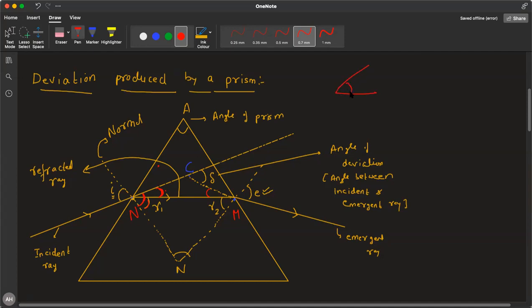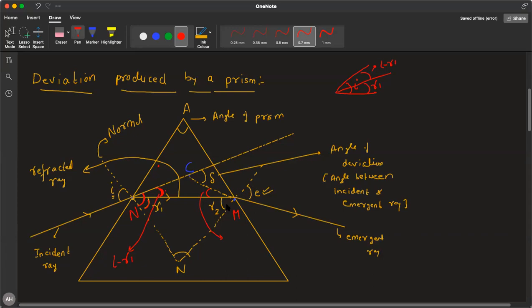This whole angle is I. From this I, this much is R1. Then this leftover angle will be I minus R1. So this particular angle will be I minus R1.